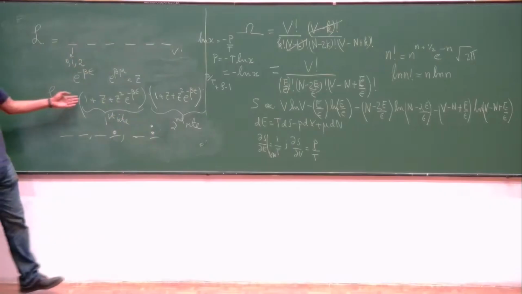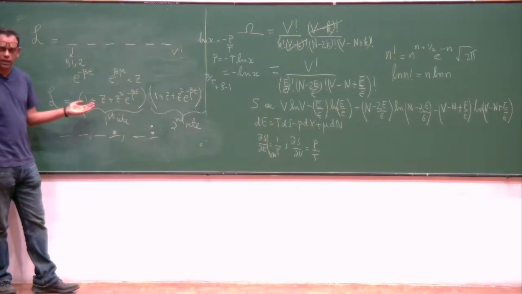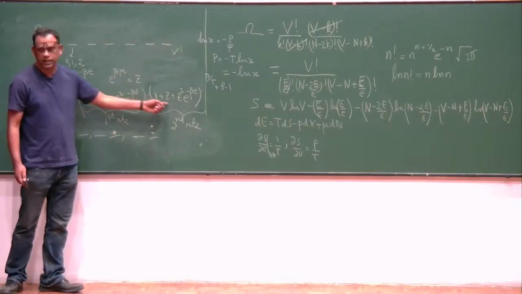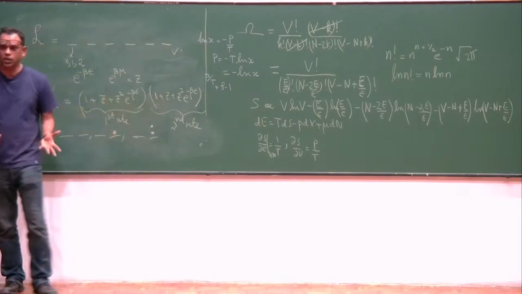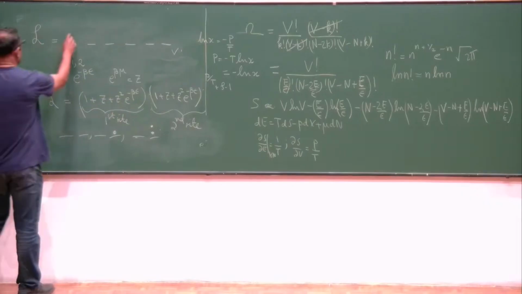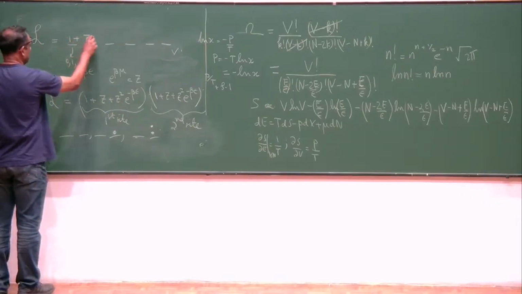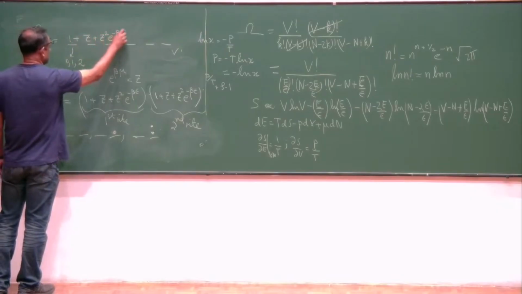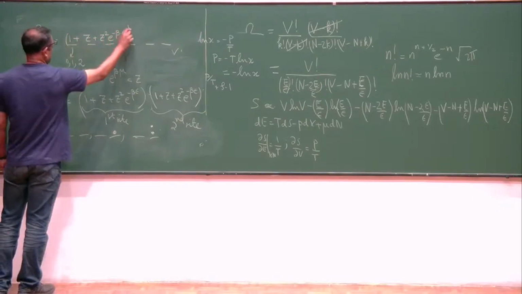If I expand this, each term I can say Z times Z, 1 particle in the first site and 1 particle in the second site. So the counting becomes very trivial. The counting becomes by inspection. Is this argument clear?